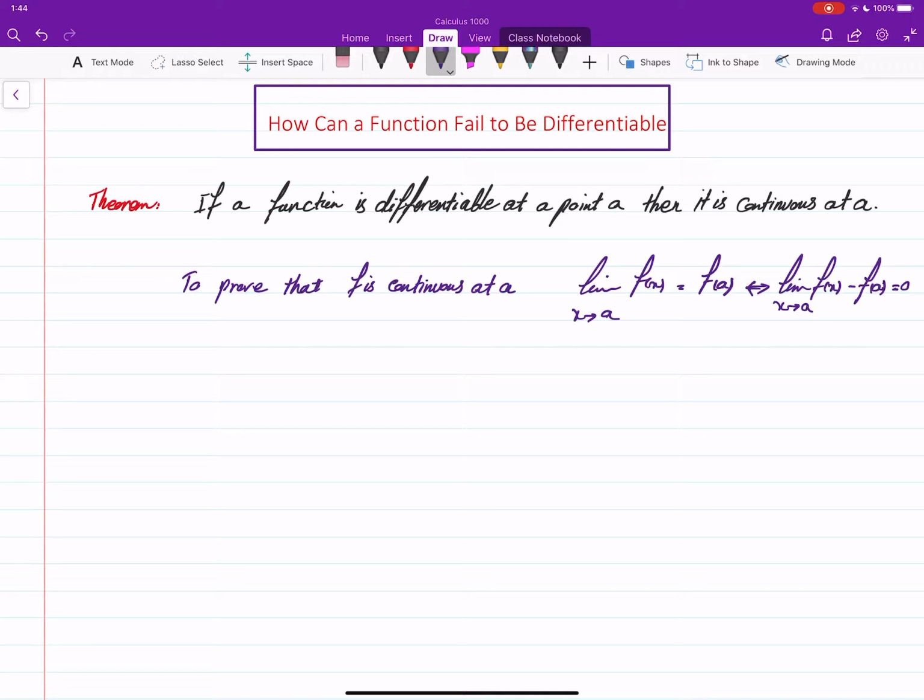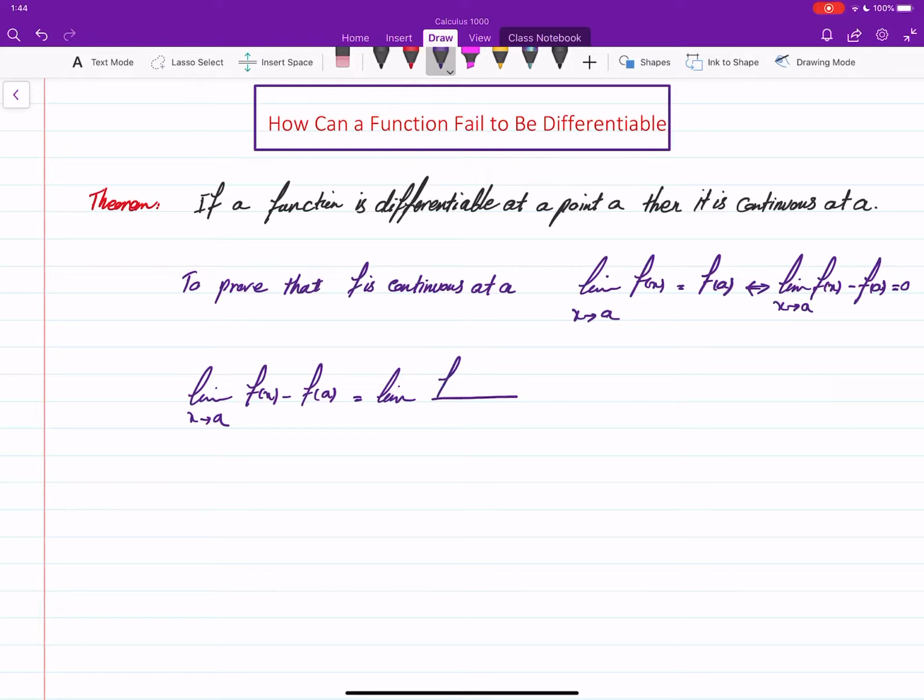Well, how do we show this? Let us just write this: limit of f of x minus f of A as x approaches A. Well, we know that this function appears in the numerator of the average rate of change, which when you let x go to A, will give us the derivative.